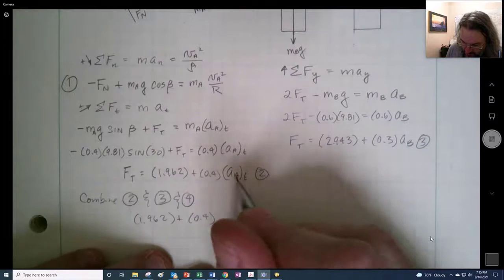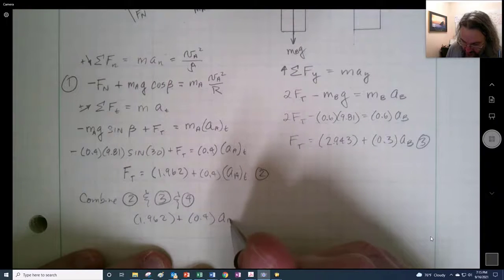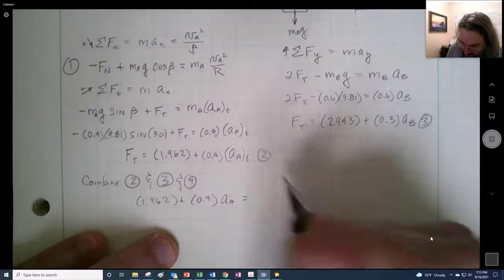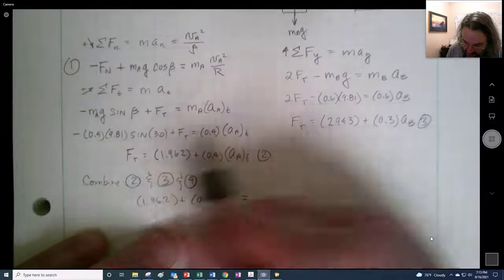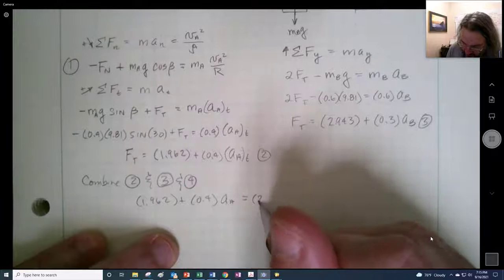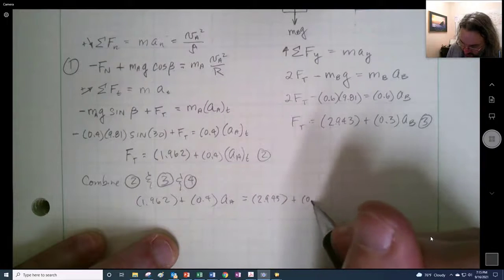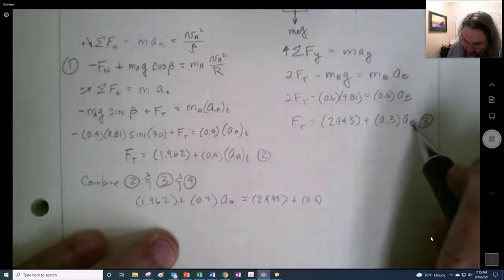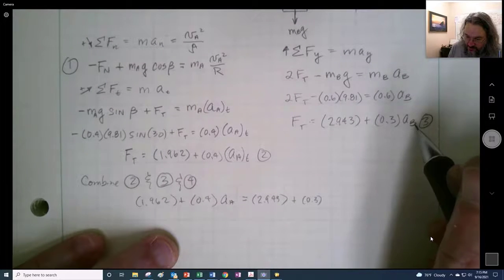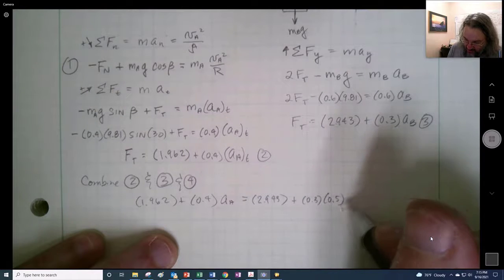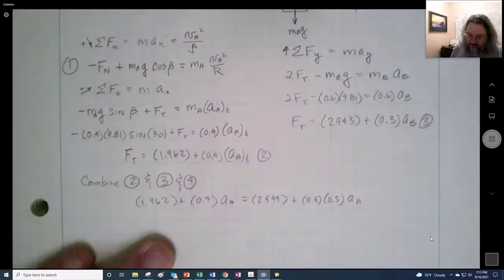I'm going to keep calling it A right there. And that's going to be equal to, so I'm setting this equal to that, right? So now I can go into 2.943 plus 0.3 times, and that's going to be 1/2 or 0.5 acceleration of A, right?